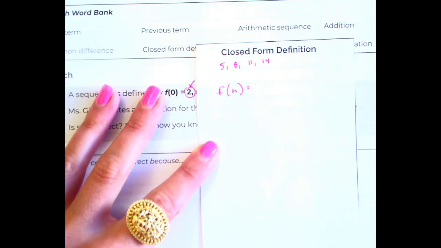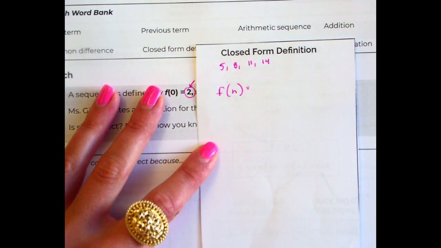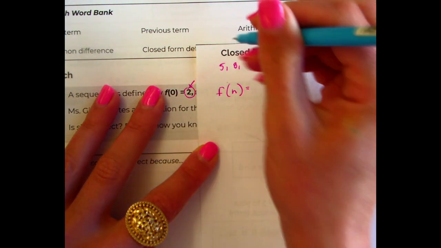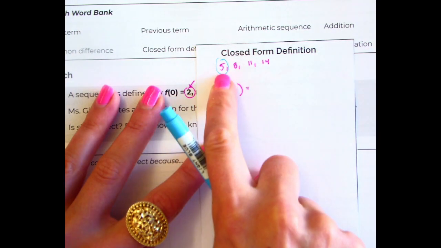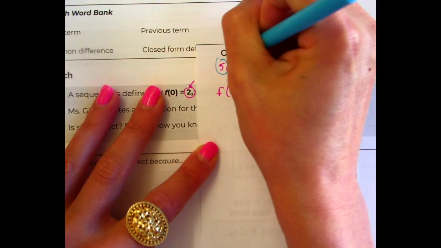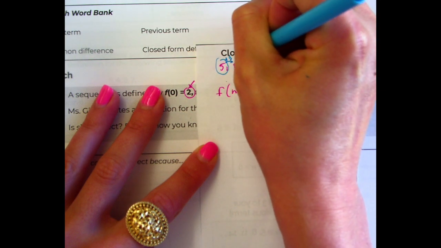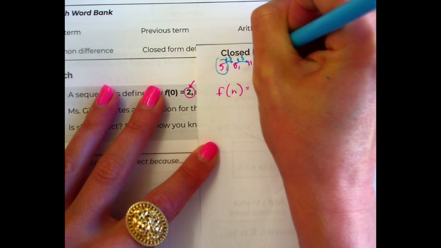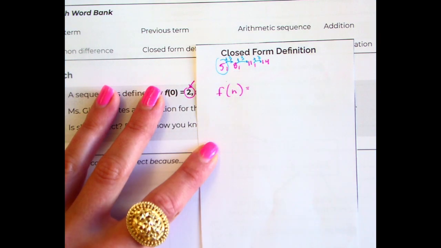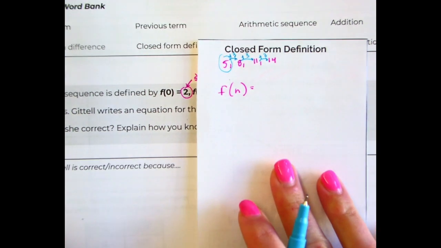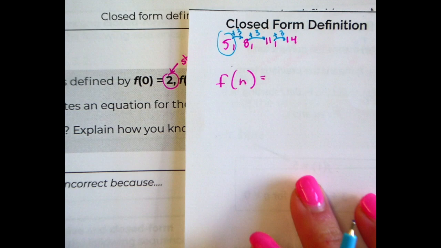So the closed form definition would be 5 plus 3n, where 5 is the initial term, or we'll use the same language, starts at 5, and then 3 would be the common difference.